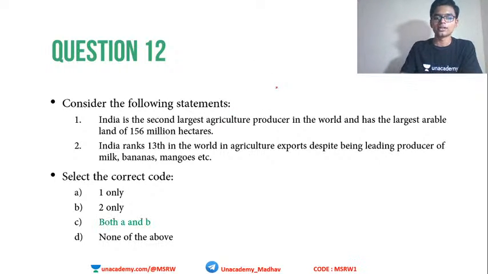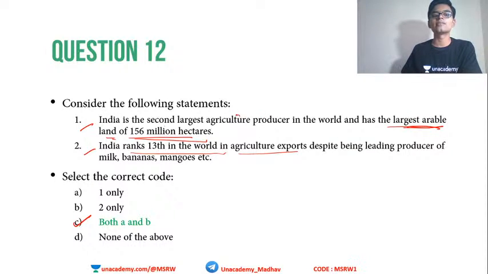Question number 12, the correct answer again here is also C, because both the statements are right. India is the second largest agricultural producer in the world after China. That is correct. And India has the largest arable land of 156 million hectares. Also correct. Second statement, India ranks 13th in the world in agricultural exports. We have the largest arable land, and we are also the second largest agricultural producer.